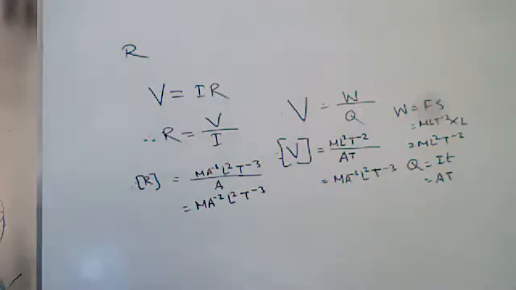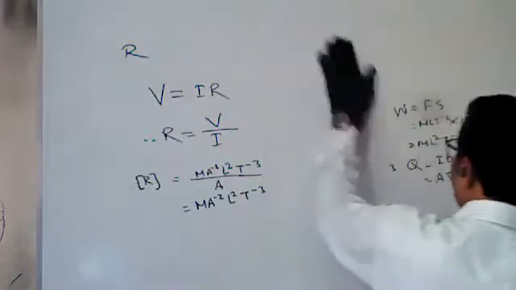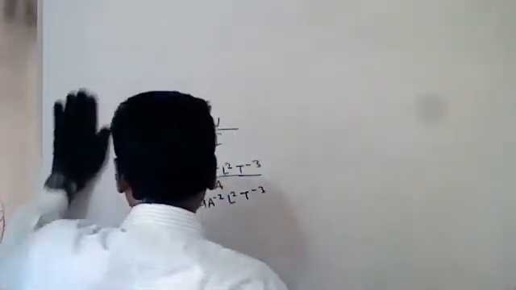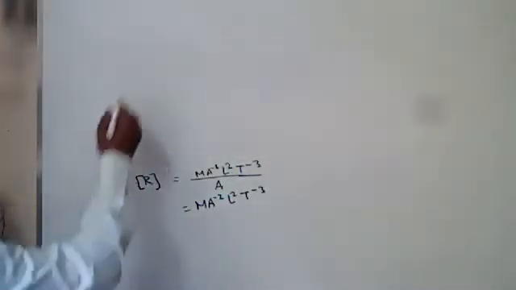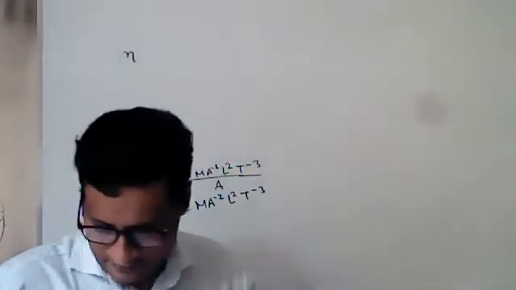Another homework was the dimension of refractive index. Refractive index is denoted by eta.